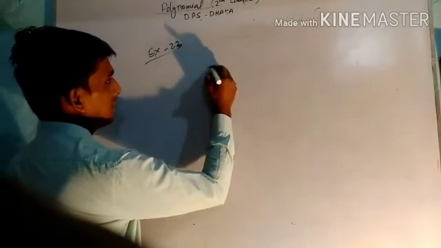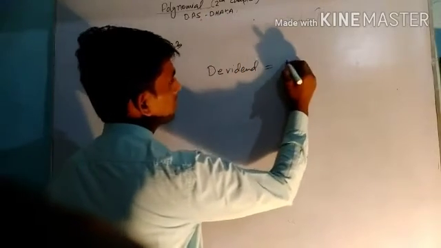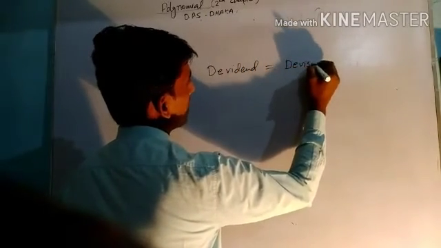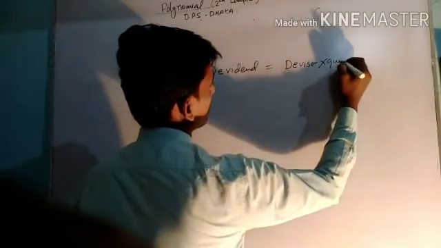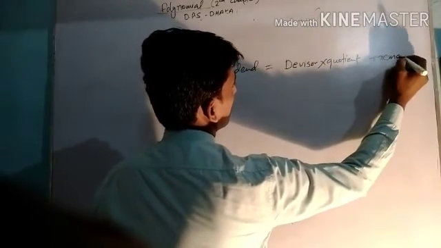We know that dividend is equal to divisor into quotient plus remainder. We know this formula.